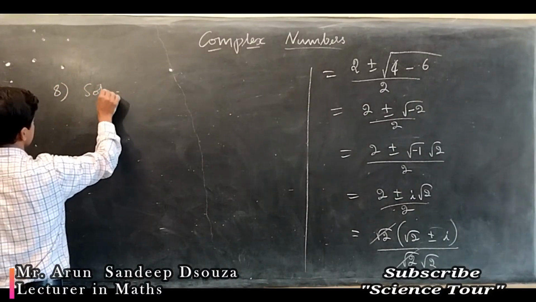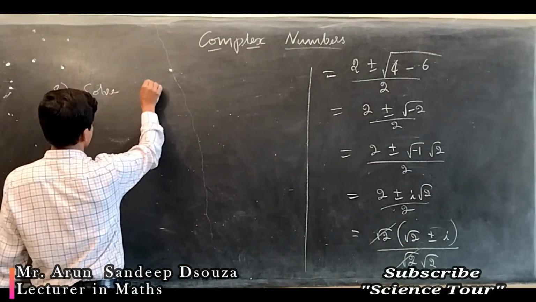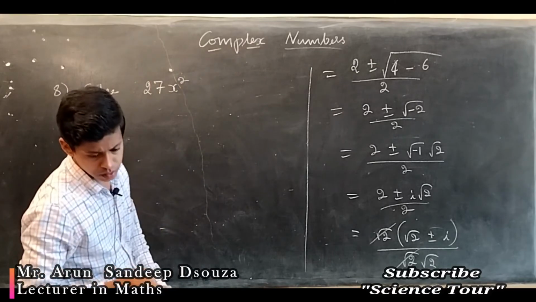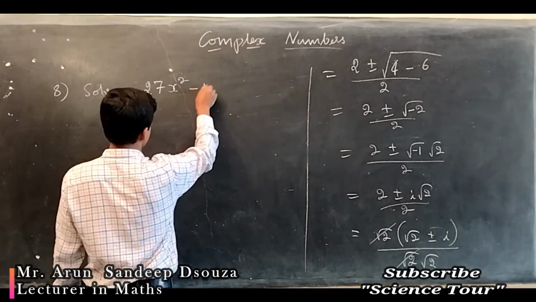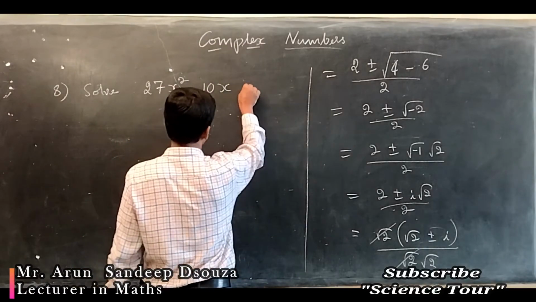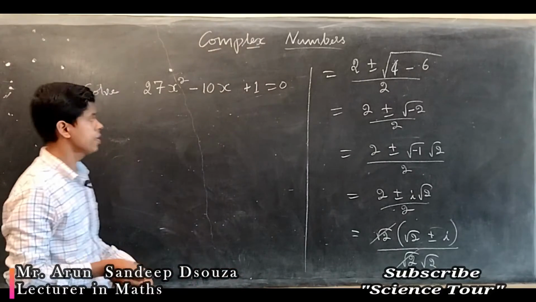Okay, the next question is solve 27x square minus 10x plus 1 is equal to 0, right?